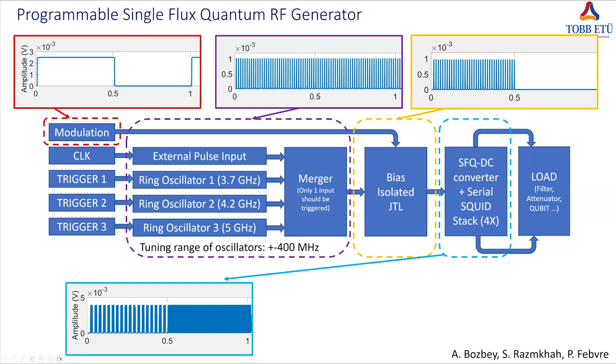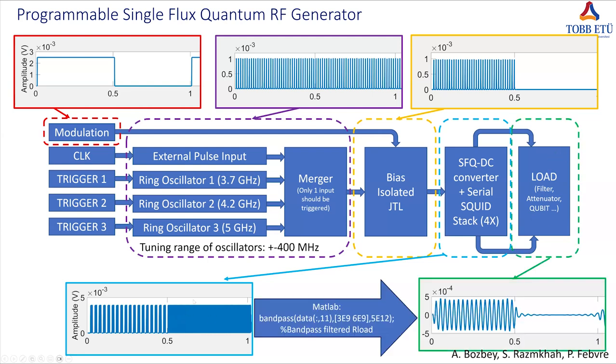Then you can adjust the amplitude. But still this does not look like a microwave. This is like a train of pulses still. Then we need to filter it. After we filter it with a low pass filter, we get this microwave signal.